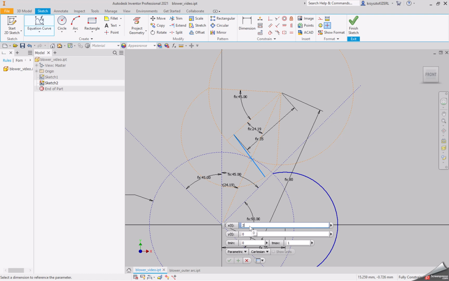It is 2 times r times sin t, and the other one is 2 times r times cos t. I'm not so sure about sin and cos because I didn't prepare. And now the boundaries of t. So t is from 0 to, we know, 45 degrees.